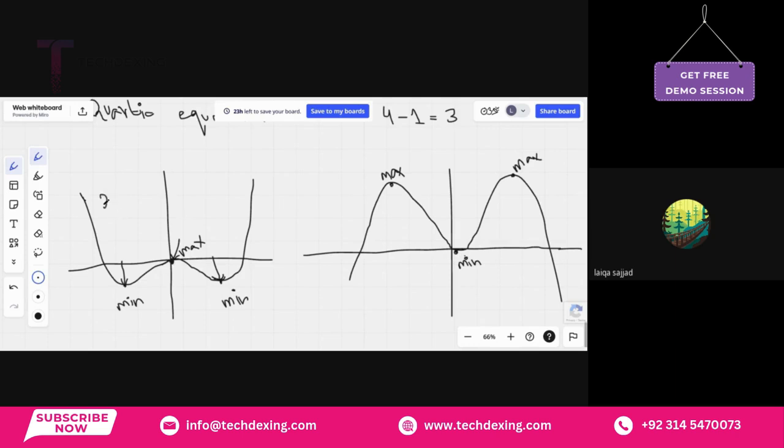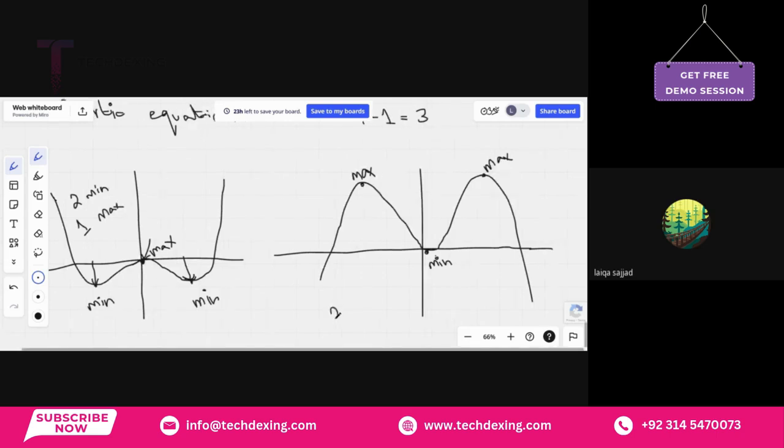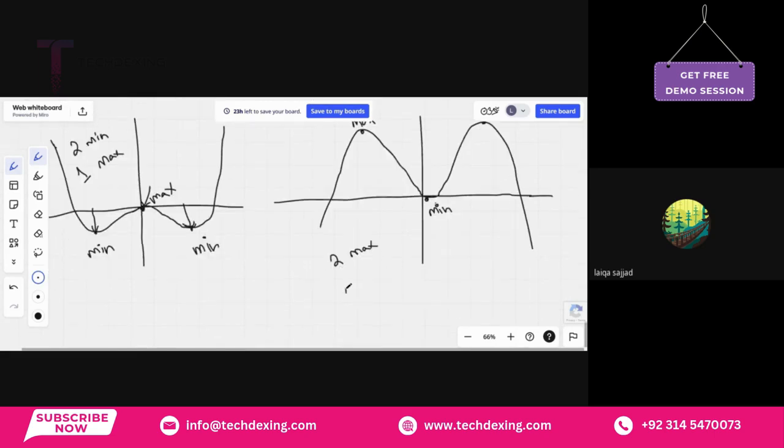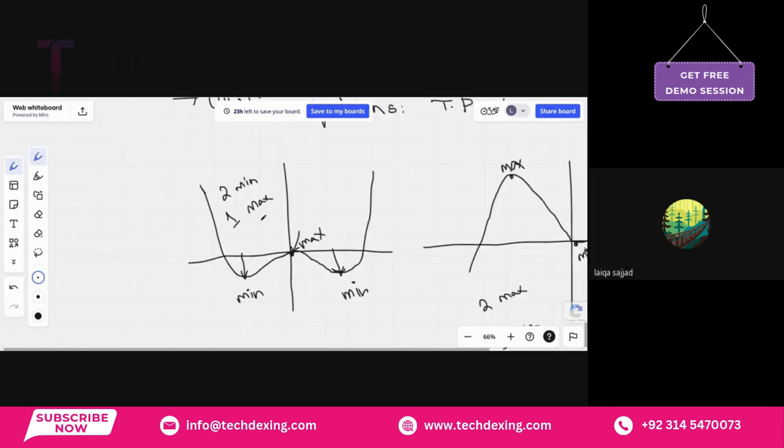So it has two minimums and one maximum, and it has two maximums and one minimum. You will get the first graph with two minimums when the coefficient of x4 is positive.